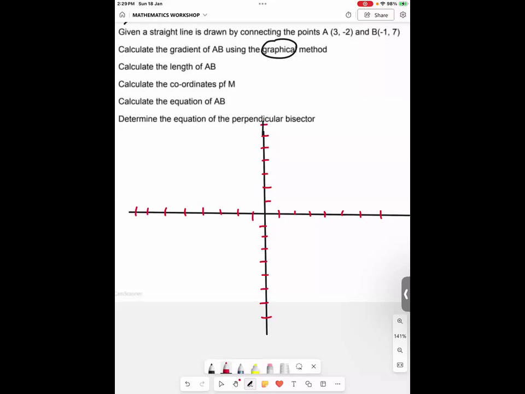All right? Now, hopefully we can recall that all the numbers to the right, all the numbers along this line here, are positive. So from here, this is 1, that is positive 2, this is positive 3, positive 4, positive 5, positive 6, positive 7. The numbers along the y-axis here are also positive.